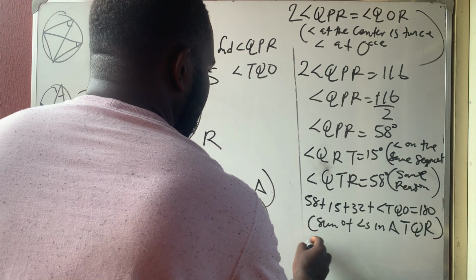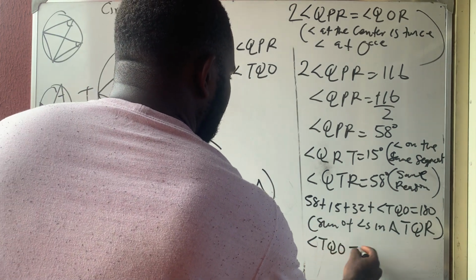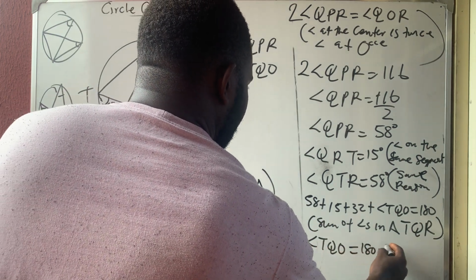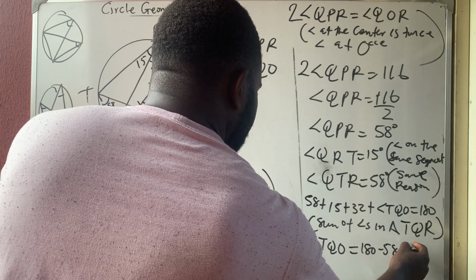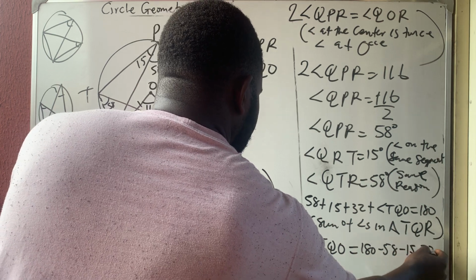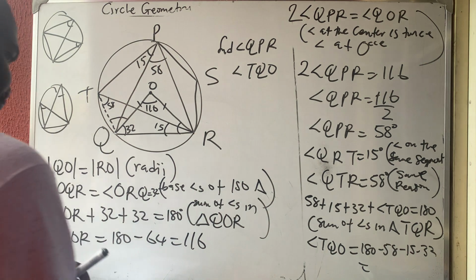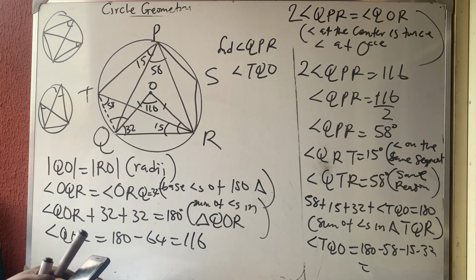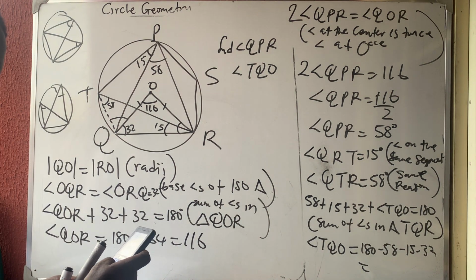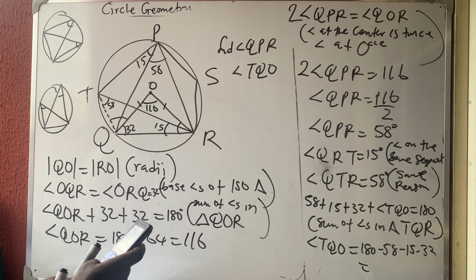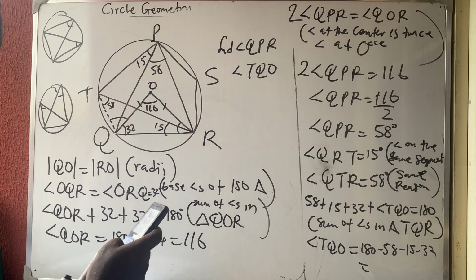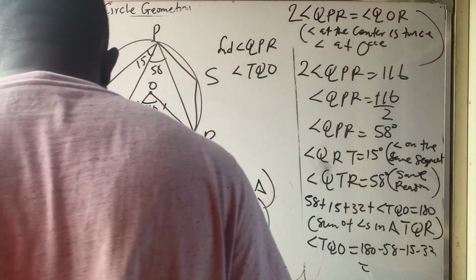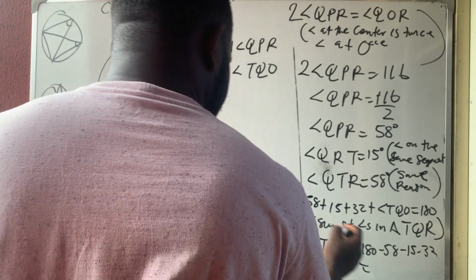So let us now get angle TQO is equal to 180 minus 58 minus 15 minus 32. So I have 75 degrees.